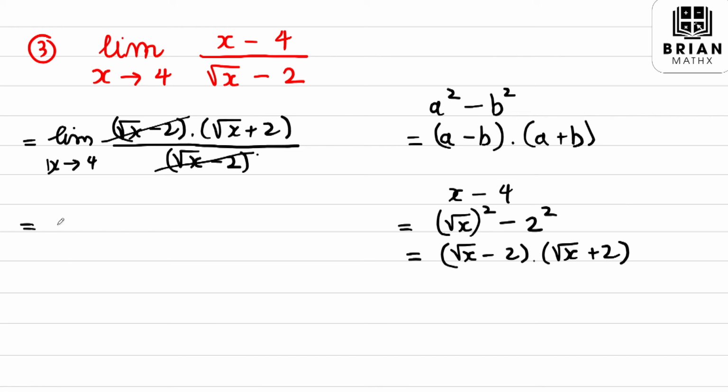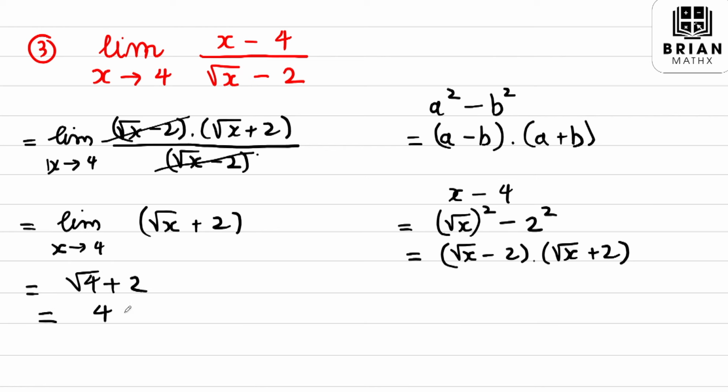So the rest of this limit is only square root x plus 2. Substitute the value of x here, you get square root 4 plus 2. Square root 4 becomes 2, plus 2 equals 4. Yes, that's not too difficult, right? But it's a little harder when you apply the difference of squares identity.